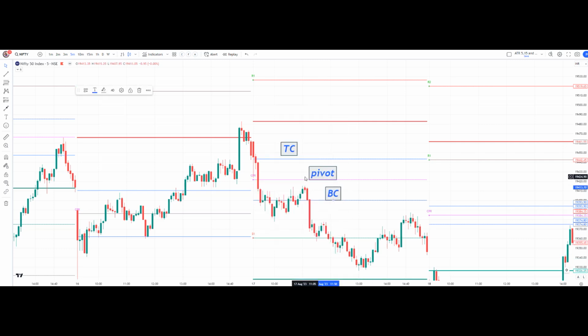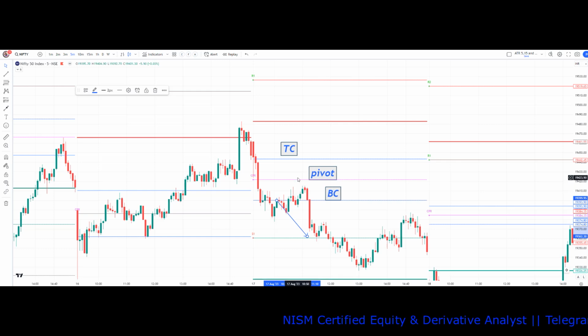So if the price breaks down from BC, that is the TC breakdown, and the following candle breaks the low of the previous candle, one can enter into the selling trade for the target of S1. Here the target got achieved, and we can still trail our PE trade. So this is the example for the TC breakdown.